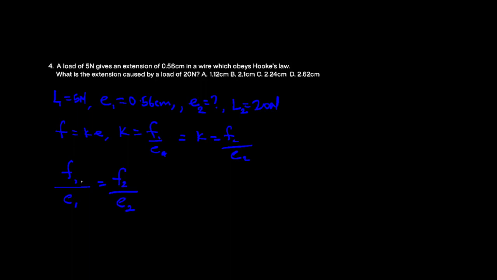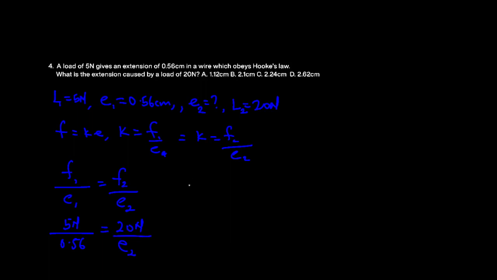So I can replace F1. What's my F1? That's 5 Newton, divided by the extension, 0.56, equals F2, that's 20 Newton, divided by E2, and that is what we are looking for.